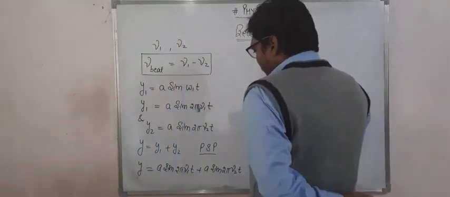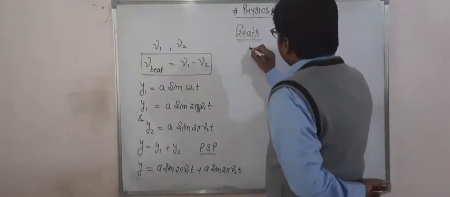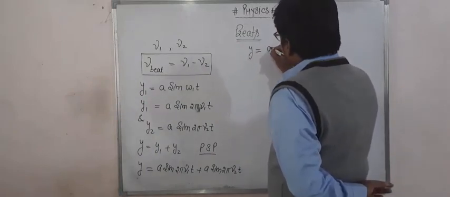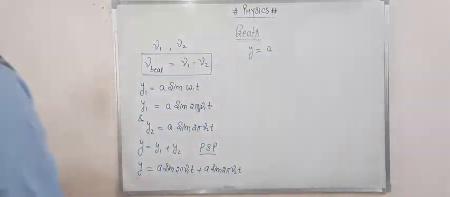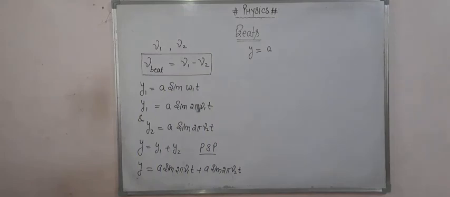So I can write here, you can see very clearly, y will be a times 2 sine of c plus d upon 2 times cos of c minus d upon 2.